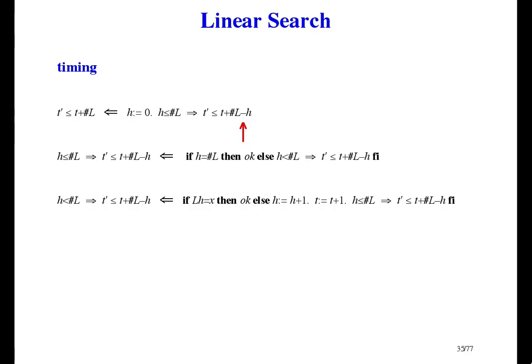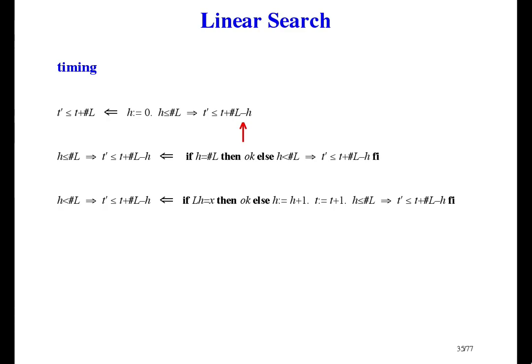The time specification after assigning 0 to h talks about the time remaining in the computation. Well, that's the whole time because we haven't done anything much yet, but we ignore that h is 0 and imagine we're starting any iteration. So the time remaining is the length minus h.